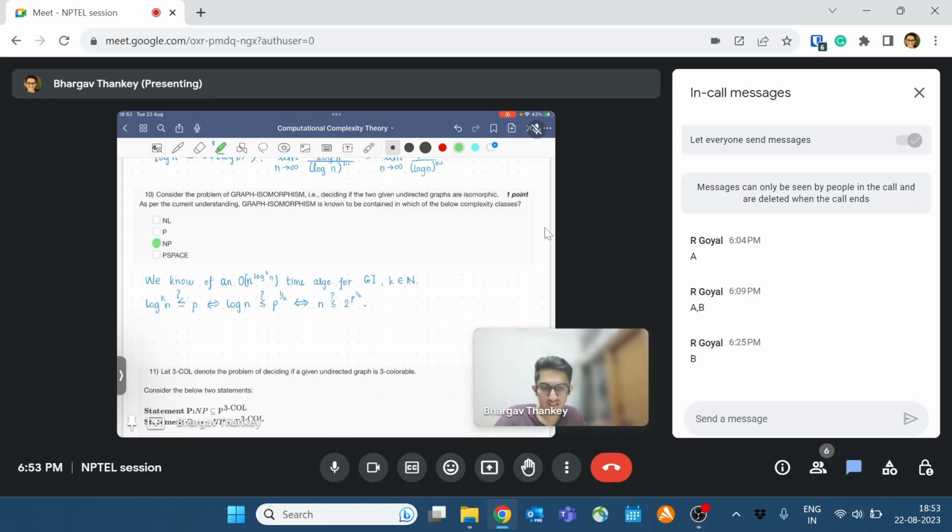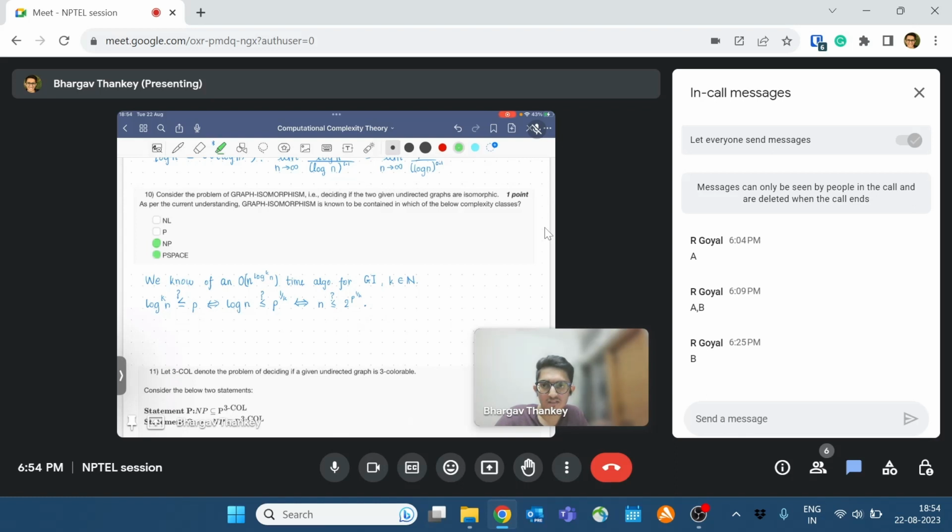Since it is in NP, PSPACE will come automatically. Why is it also in NL? Because NL is inside P, and P is inside NP, so NL is clearly a subset of NP.